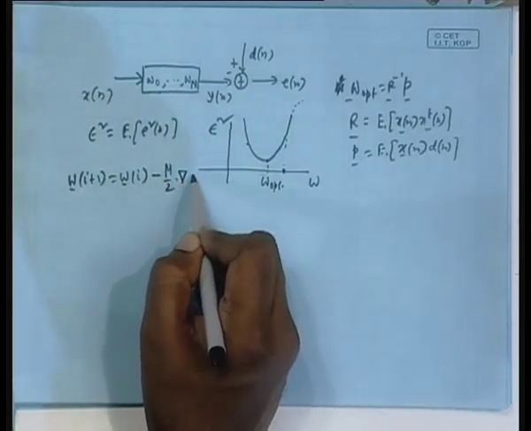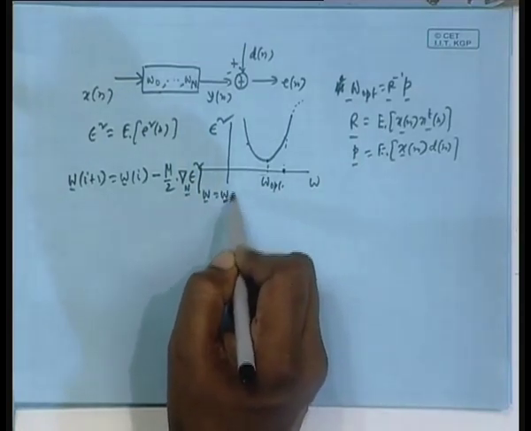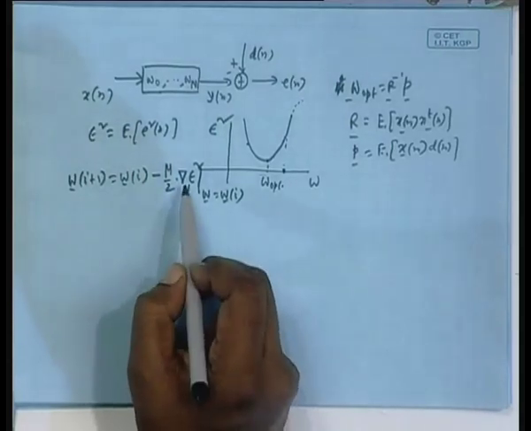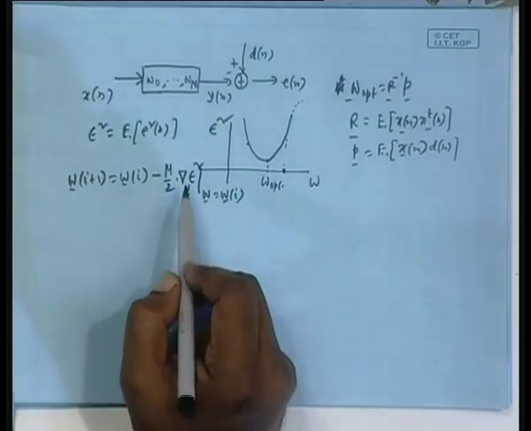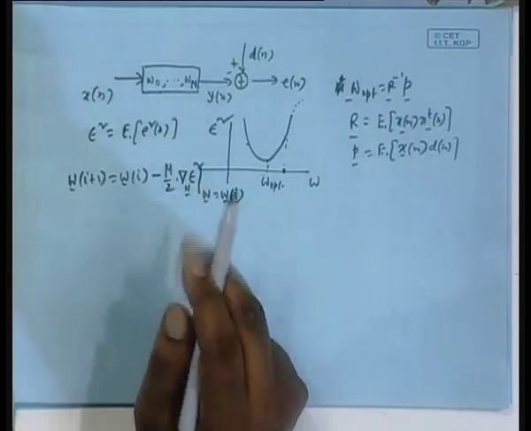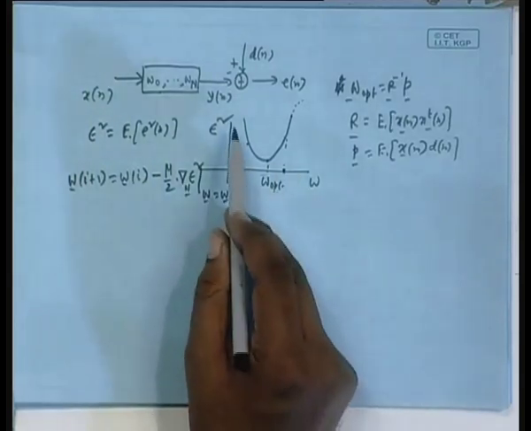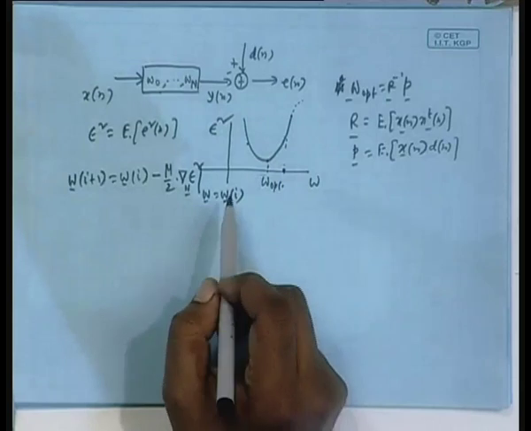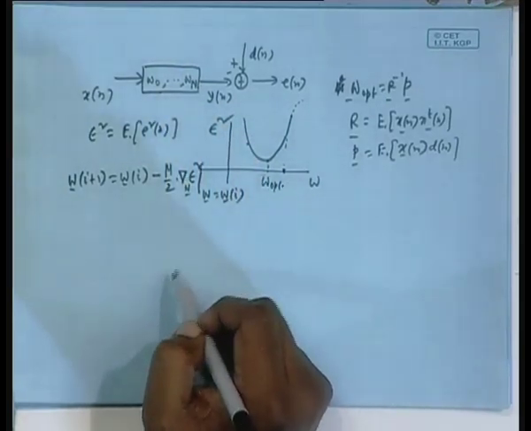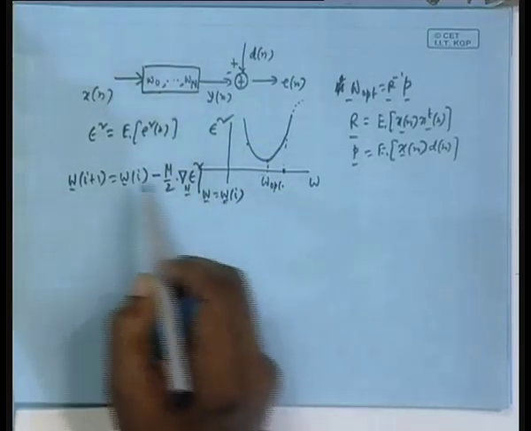So, this is what we did. This del is a derivative operator, it is nothing but a vector form, where all the partial derivatives of epsilon square with respect to W0, W1, and so on are put one after another in a vector form. That is the gradient. Here this figure was only for one variable. When you have multiple tap weights, it becomes a vector of partial derivatives, and that you evaluate at the particular iterate W equal to W i, and subtract from the current iterate.